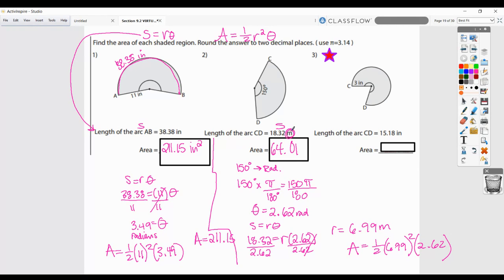Now remember, area has to be units squared. So this one that's starred here is the same process as the first one. So I'm going to put the area there so that if you want to try that one on your own and then check your answer, it's there. So if you need to pause here, you can do that.